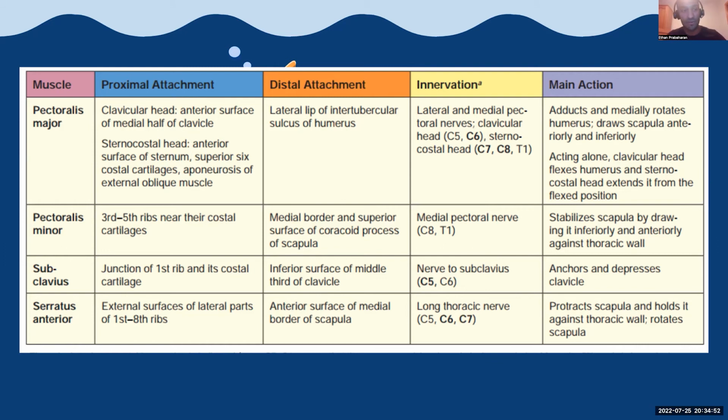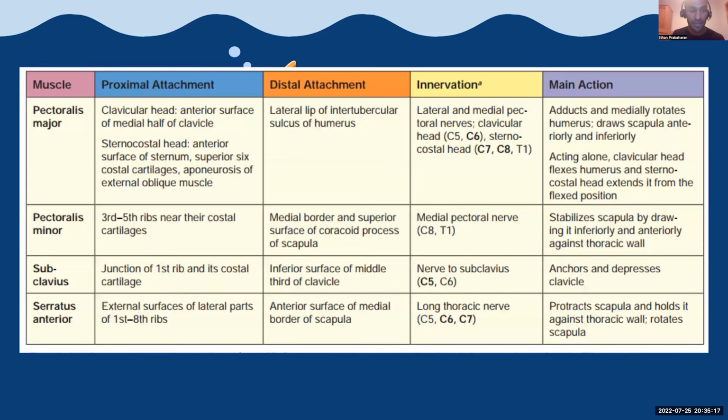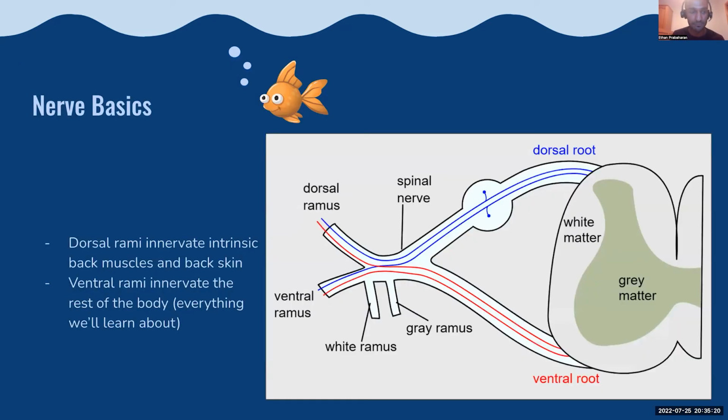Serratus anterior is probably the other one I should address, and that is the muscle that actually is responsible for protracting the scapula, holding it against the thoracic wall or the rib cage, and moving it around anteriorly. So you see here, when that contracts, the shoulder blade can move around the ribs and come forward, whereas the rhomboids, which were the back muscle, actually do the opposite and move it backwards. Thanks for that, Carrot, and we'll jump to the next slide.